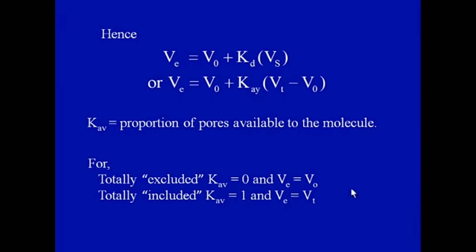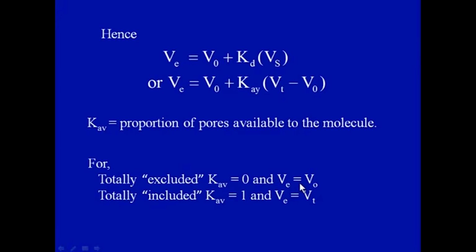If you consider the equations here, Kd is the distribution coefficient, and Kav is the proportion of pores available to the molecule, and both could be used. For a totally excluded molecule, Kd or Kav will be 0, and so the elution volume will equal the void volume.